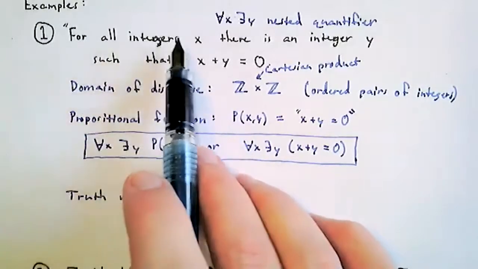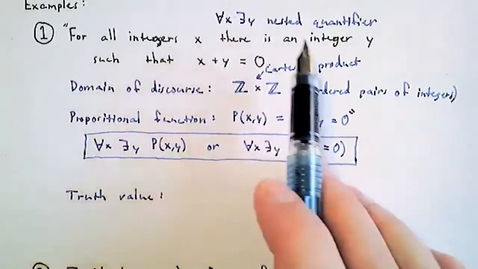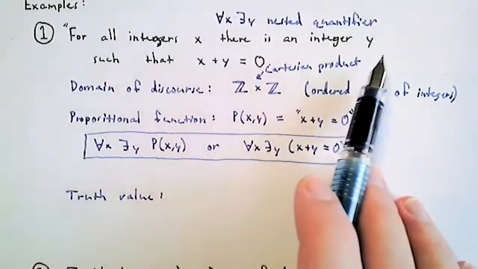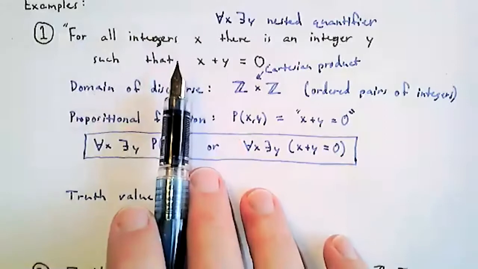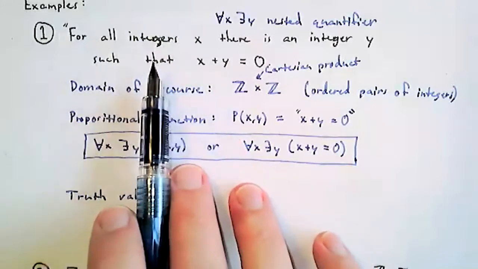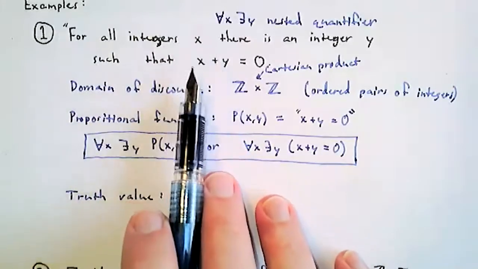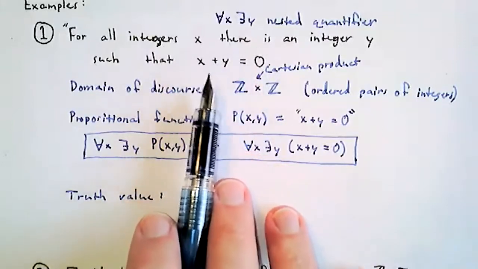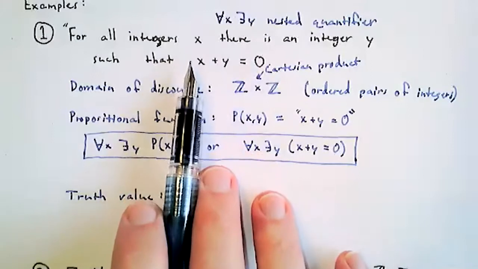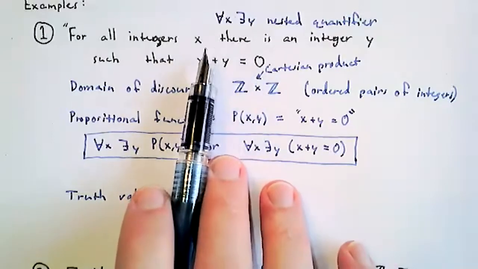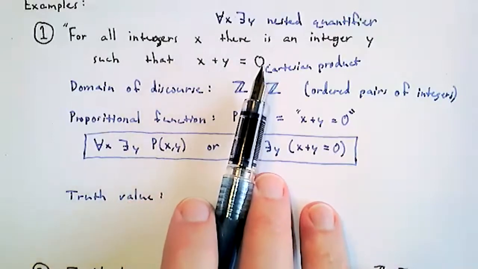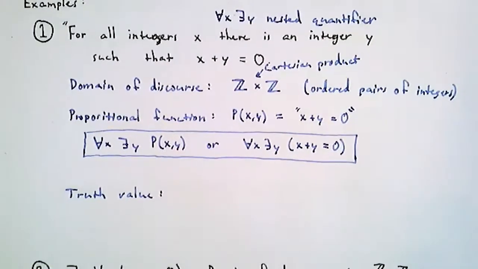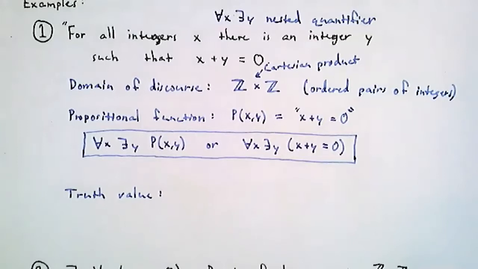So this first part of the sentence, for all integers x, there exists an integer y, has to do with quantifiers. The next part of the sentence, the part after such that, is what it's actually telling me about the two variables. So this is where we can find in the sentence the propositional function. Good question.